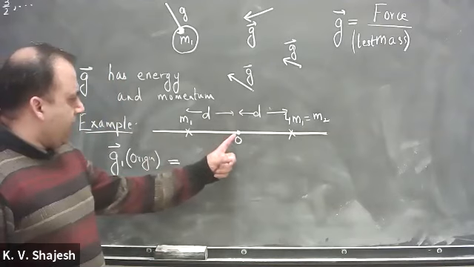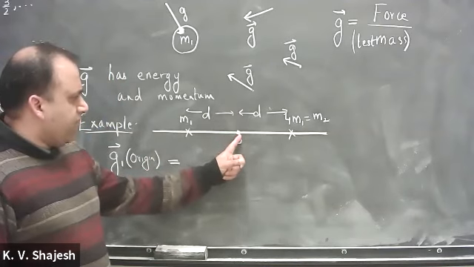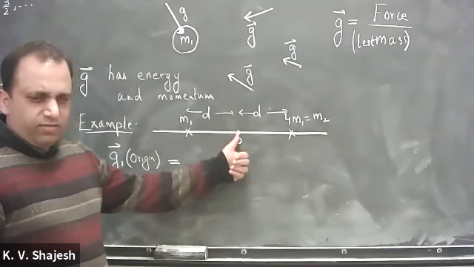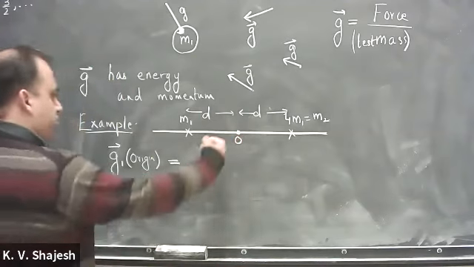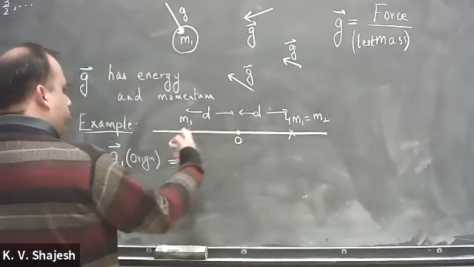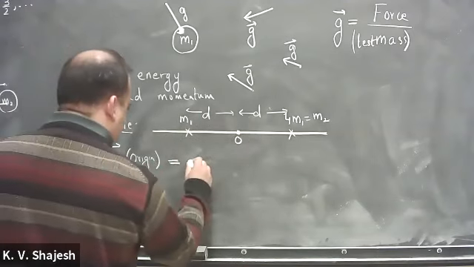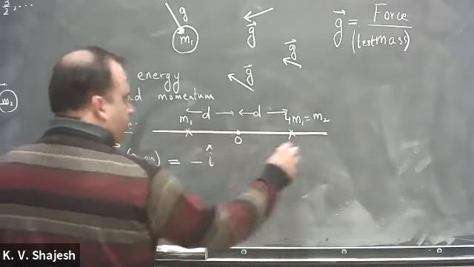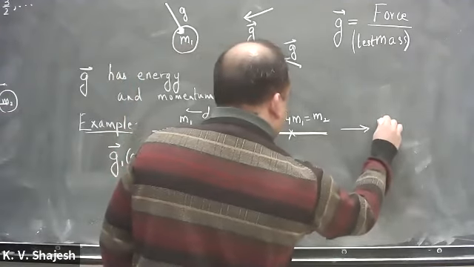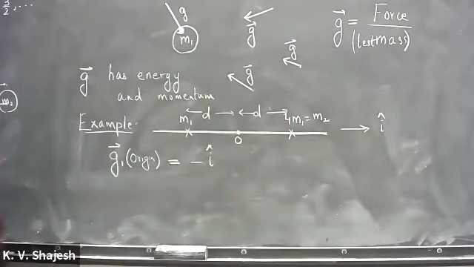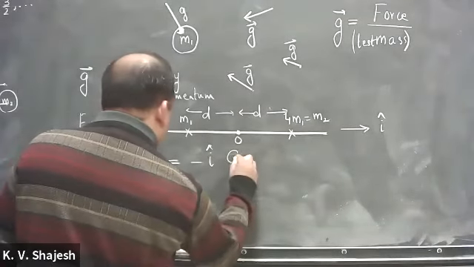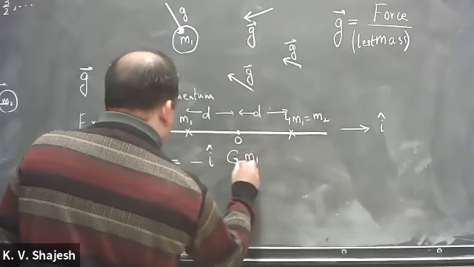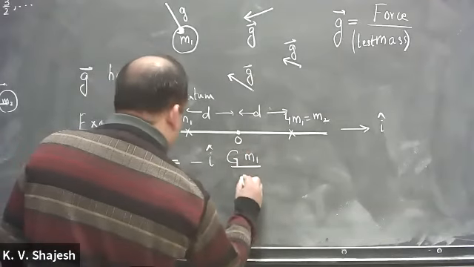How do I know the direction of the gravitational field at this point? You pretend that there is a mass here, and you ask in what direction it is going to experience the force. It is going to experience an attractive force due to M1, so that's minus i hat. Everything I'm keeping along the horizontal line, so i hat is a convenient notation. So minus i hat times G M1 over d squared.